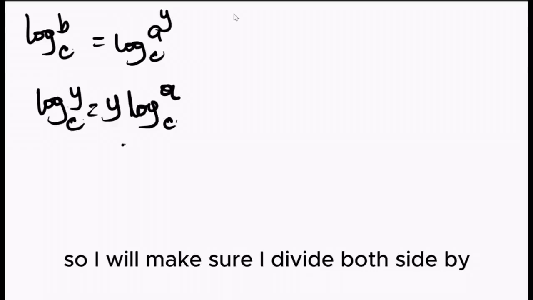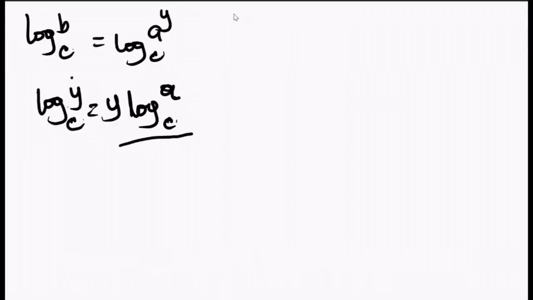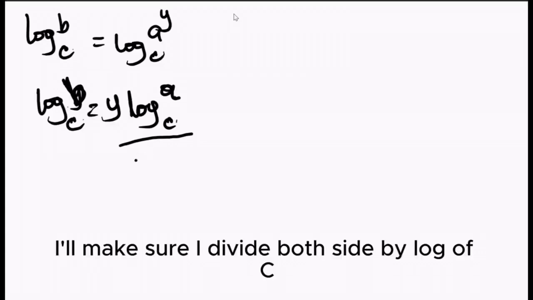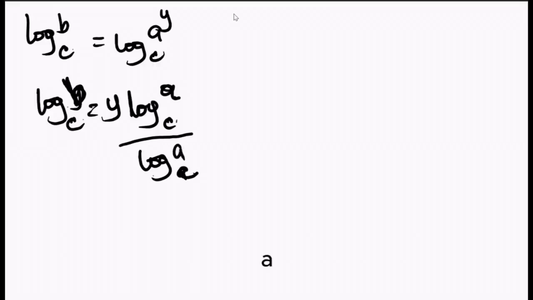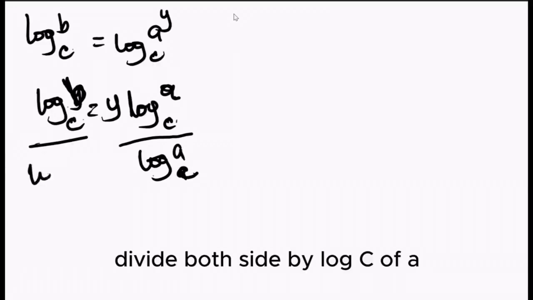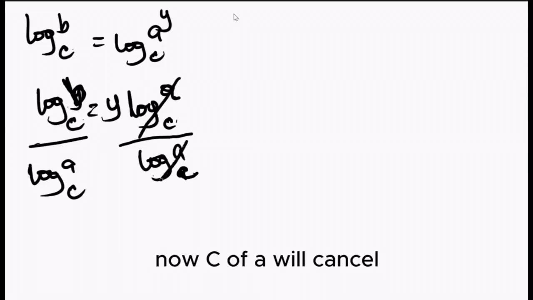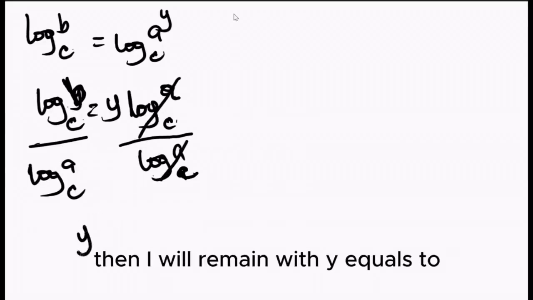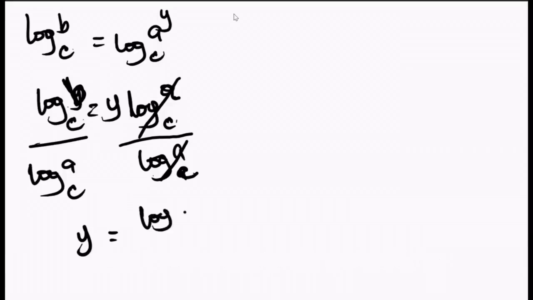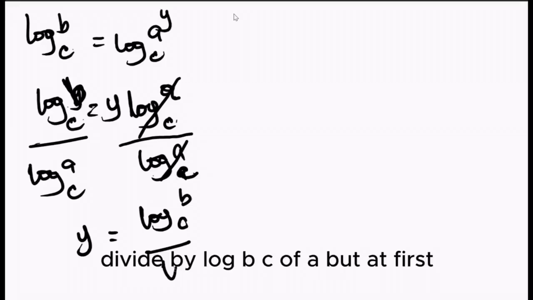So I will make sure I divide both sides by log c of a. Log c of a will cancel. Then I will remain with y equals to log base c of b divided by log base c of a.